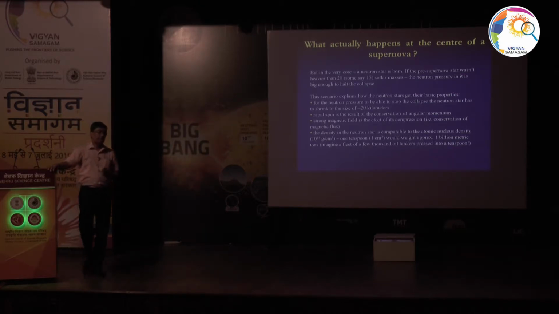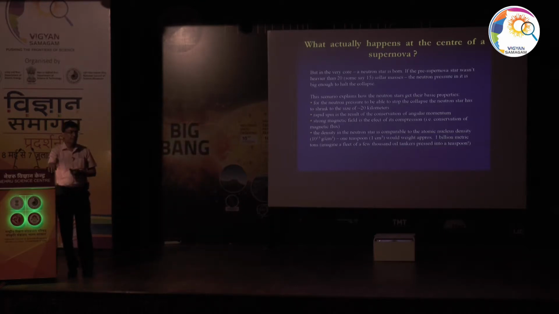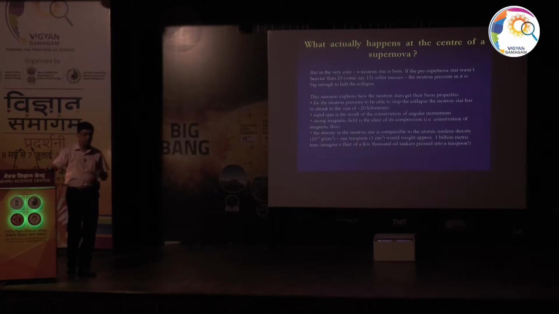And you can ask, how can that be? How can that much material be packed into 10 or 20 kilometers? And that is because all of that is just nuclear density material. You have just removed all the empty space that the atoms were occupying, and therefore occupying so much volume. Therefore, it can really be compressed into a much smaller size.